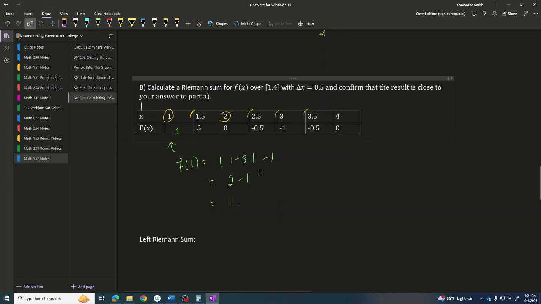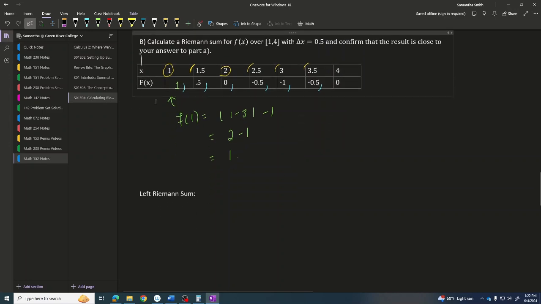If I choose the left x on each of these pieces, then I'm correspondingly choosing the left output. So the left output of 1, the left output of 0.5, the left output of 0, the left output of negative 0.5, the left output of negative 1, the left output of negative 1/2 again, and then I'm going to stop because negative 1/2 is the left y value on this final chunk here.